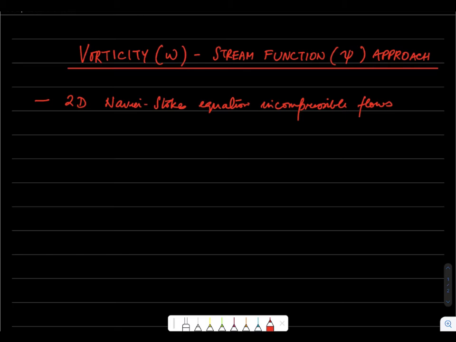Note that vorticity is given as the curl of the velocity, and if you look at the governing equation in a two-dimensional system, the velocity vector u has components u and v because it's a two-dimensional flow.